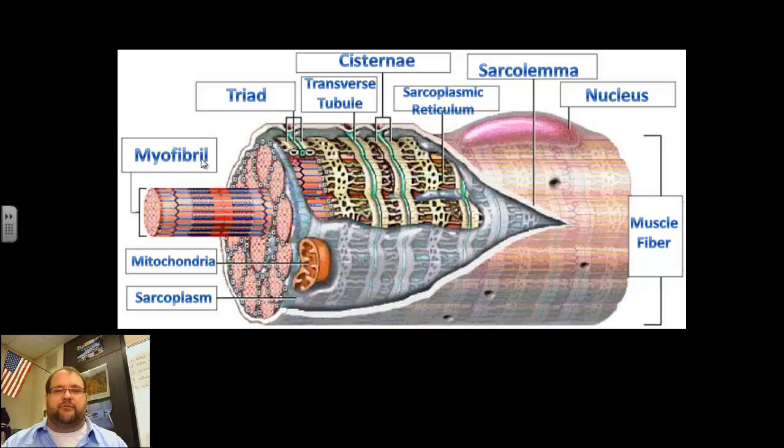You have the doll, and when you take it off, there's a littler doll inside, and when you open up the littler doll, there's an even smaller doll inside. That's what a muscle cell's like. A muscle is a collection of fascicles. A fascicle is a whole bunch of muscle fibers bundled together, and a muscle fiber is a whole bunch of myofibrils wrapped together. So, that's sort of the anatomy.